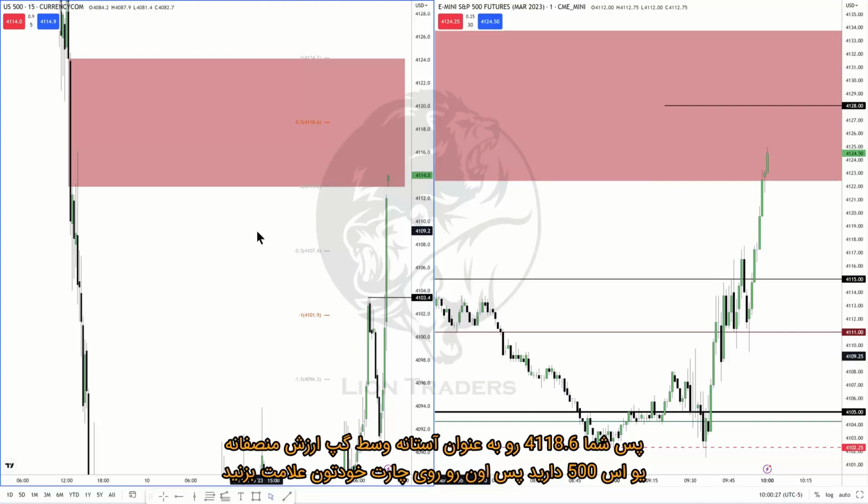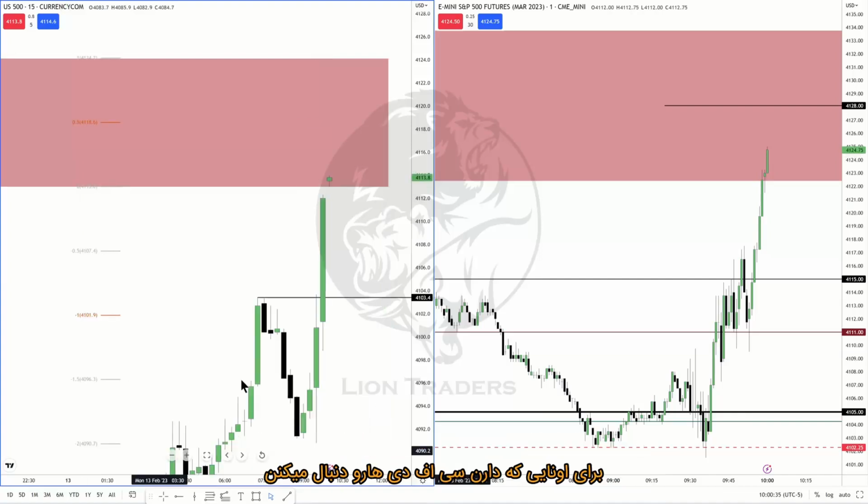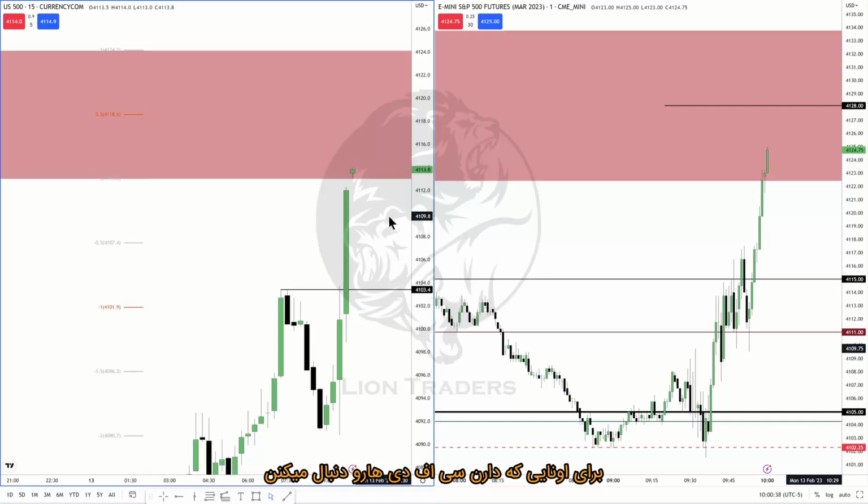So you have 41.18.6 for your consequent encroachment at the fair value gap on US 500. So just make sure you have that measure on your chart for those that are following along on the CFD on the right hand side.